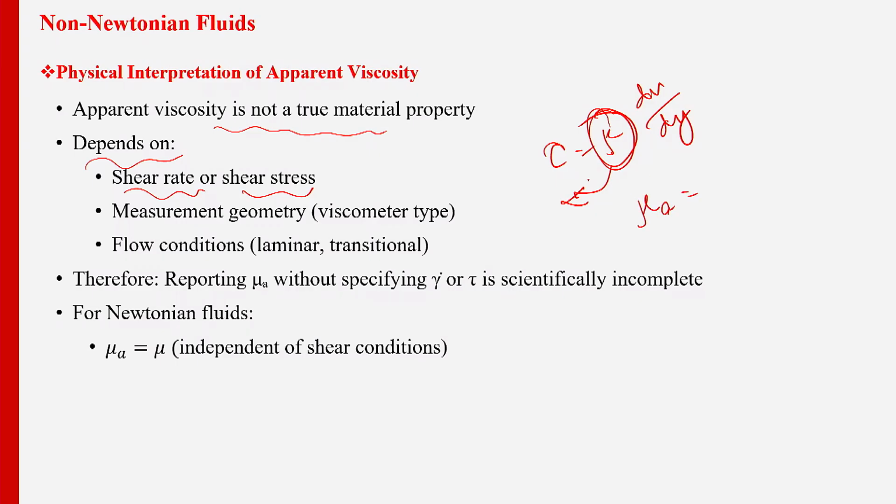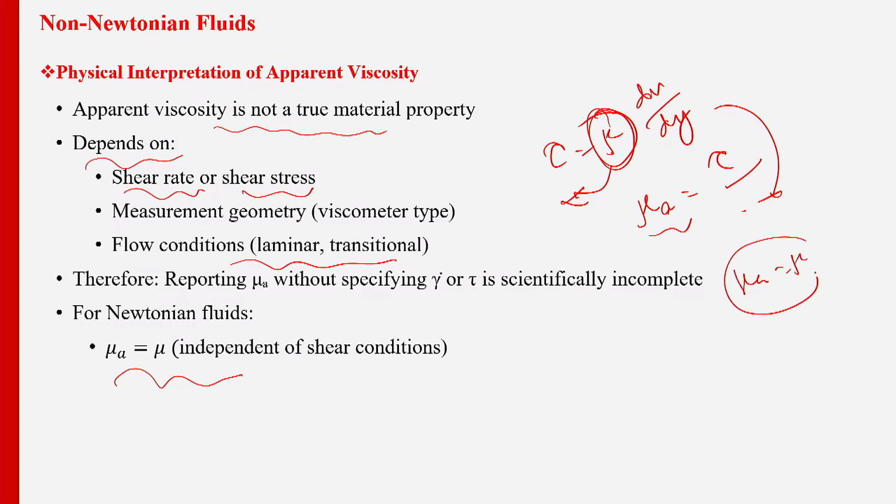We write mu A as tau by the shear rate. It varies with flow condition, whether laminar or transitional, so the mu value will vary. But for Newtonian fluids, of course, mu A equals mu, independent of shear condition; the shear stress and shear rate do not matter.